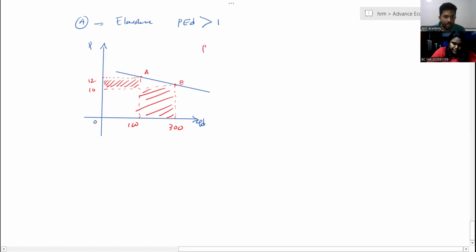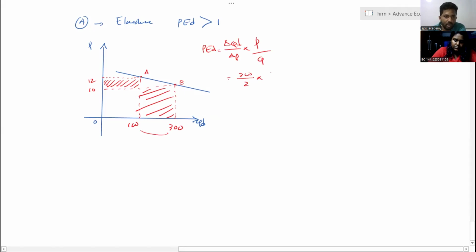PED equals delta QD divided by delta P, times P over Q. This is point elasticity, because this is a straight line. Now quantity demanded changes by just 200. The price changes by just 2 rupees.